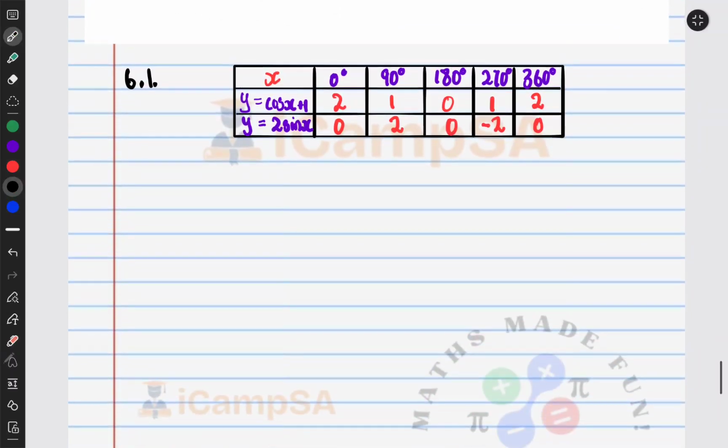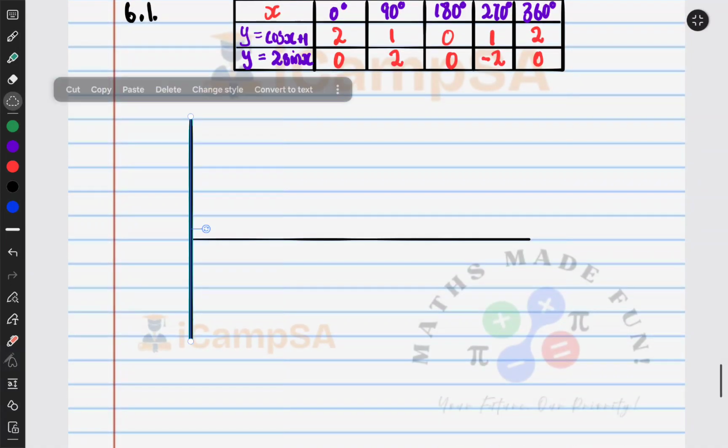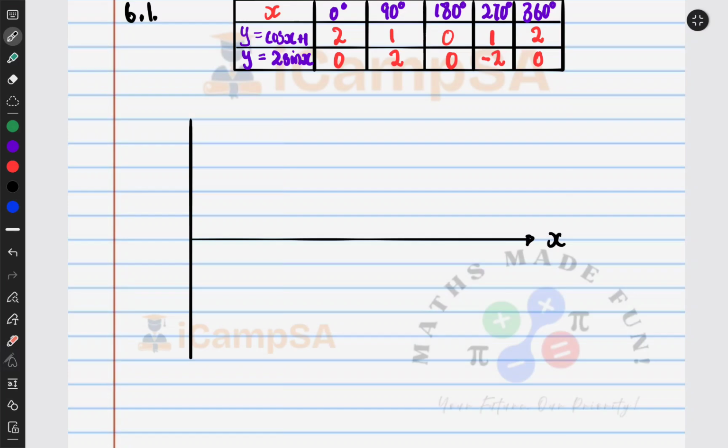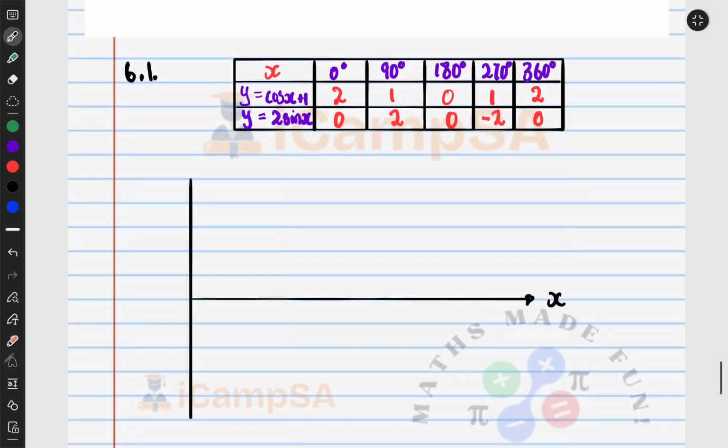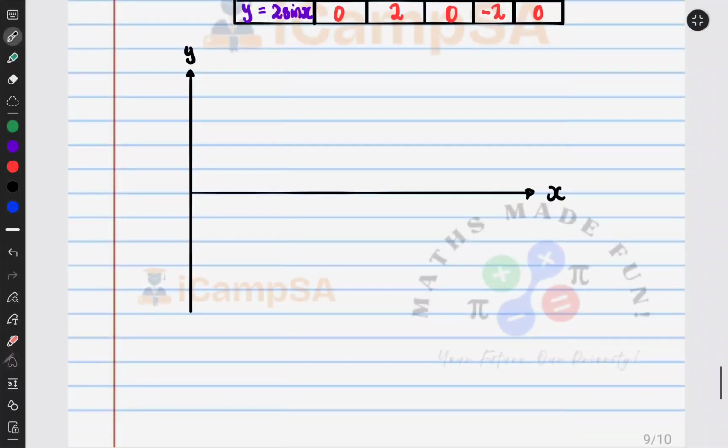Next step, let's construct our grid or Cartesian plane. This side is the x side, and here is the y side.